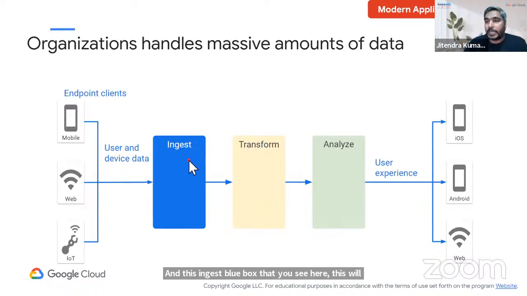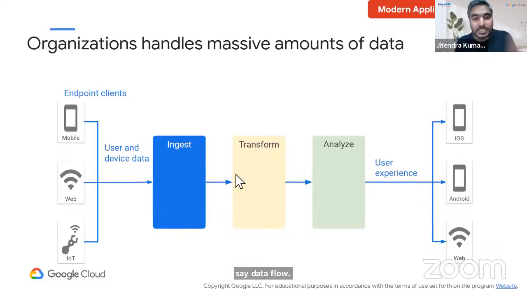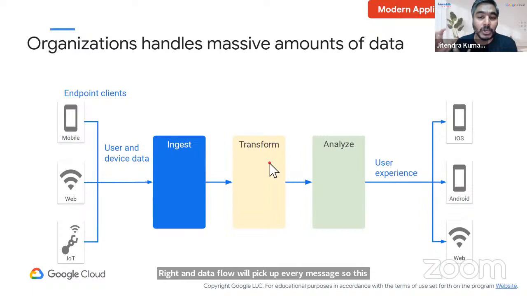Right? So everybody will come and publish their data point here, and then this will be picked up by a service which in Google Cloud could be, say, Dataflow, right? And Dataflow will pick up every message. So this yellow box of transform will become your subscriber here, right?